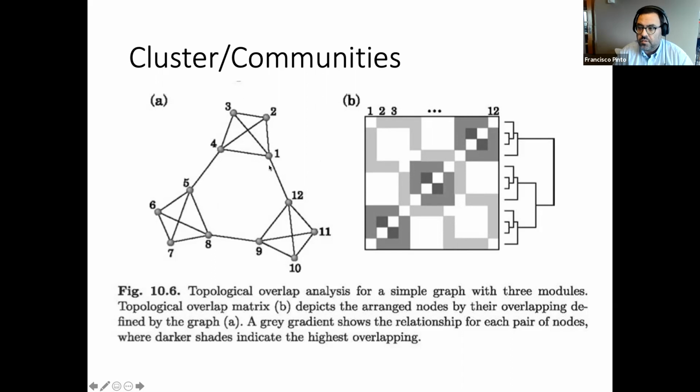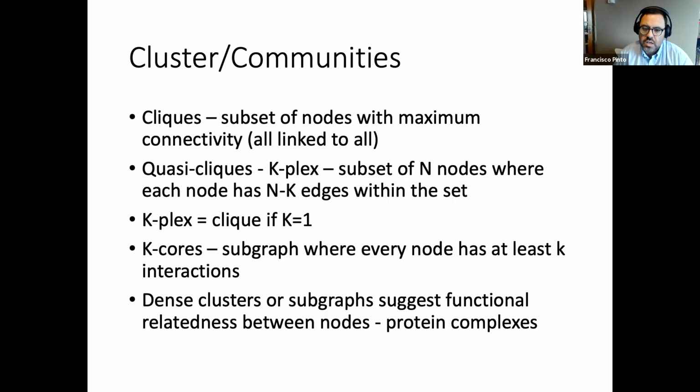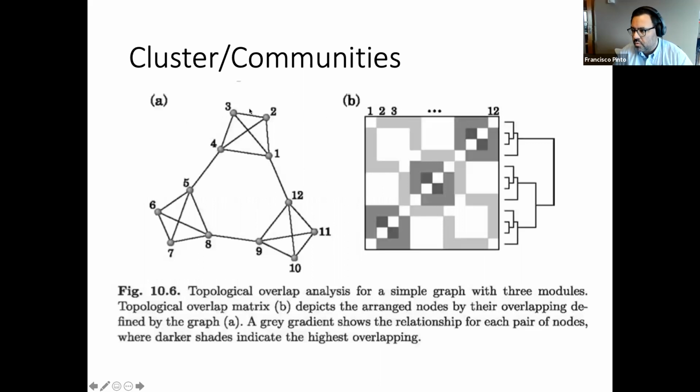Okay. If I ask for a 3-plex, then it's n-3. I start getting more not so dense sets of nodes. So I'm getting not so stringent in the definition of a set of highly connected nodes. But when you look only at 4 nodes, it is more common to find cliques.